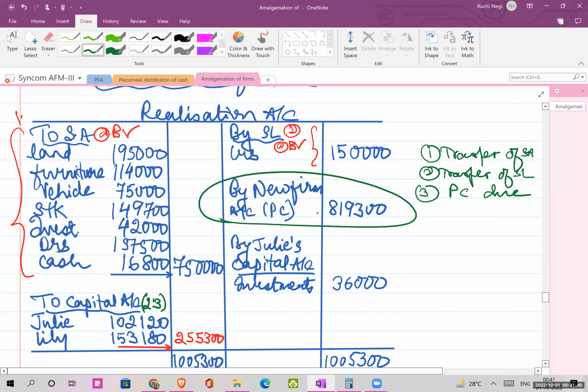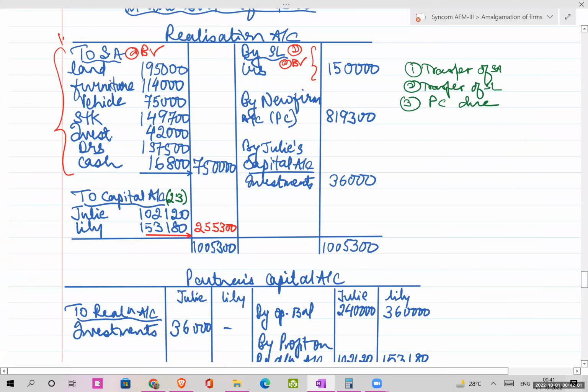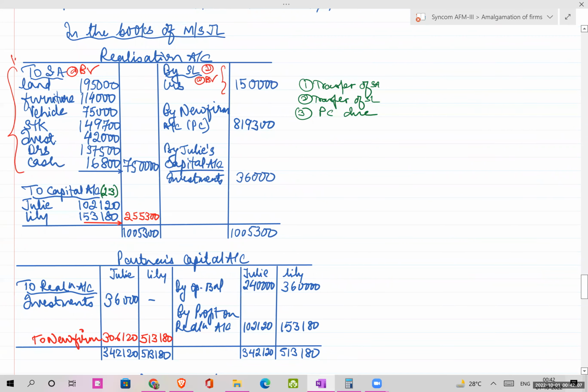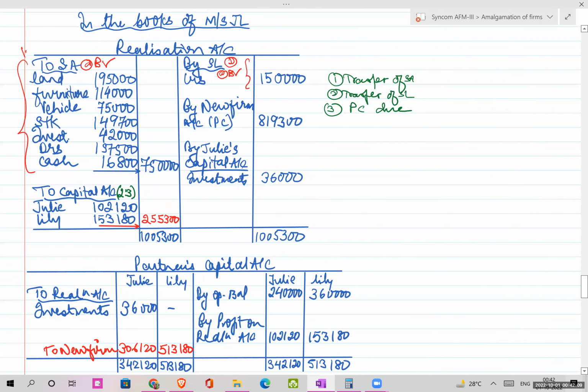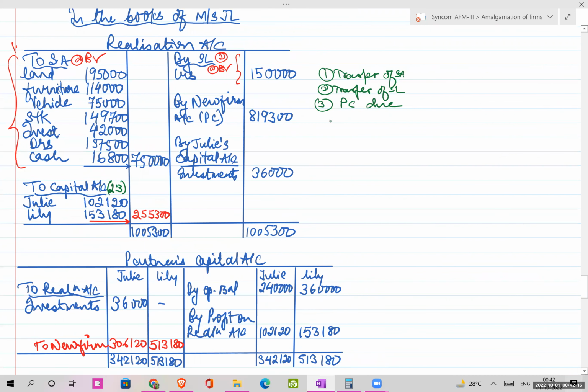We know the name of the new firm, so you can even write the name, JLSM and Company. So new firm account debit to realization. Then partners' capital, partners' capital, that is done. Then the fourth will come: Julie took over investments, investments taken by Julie.